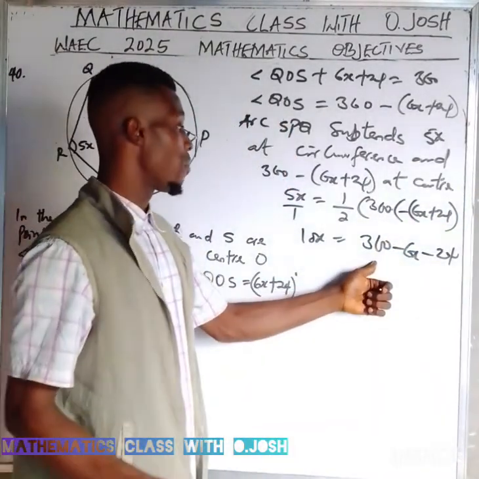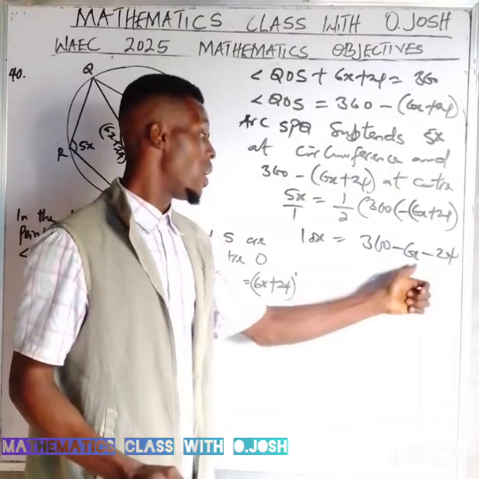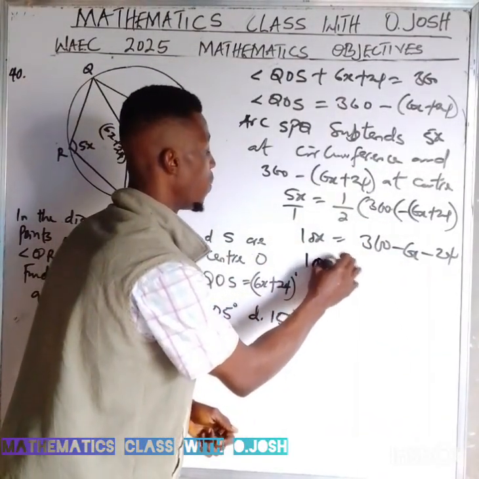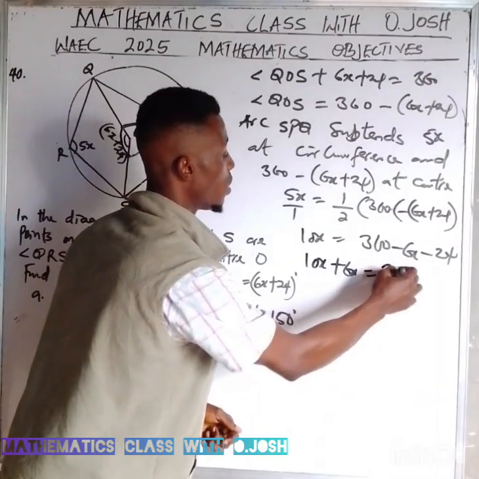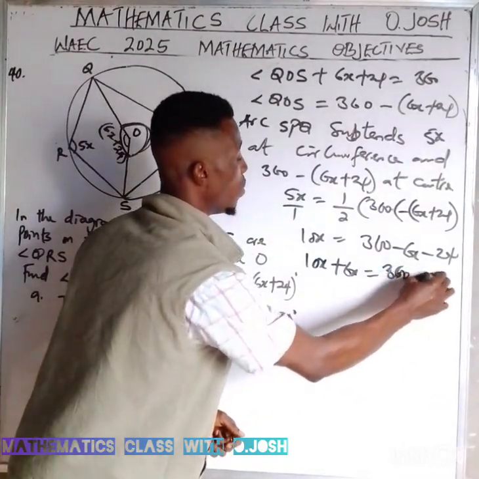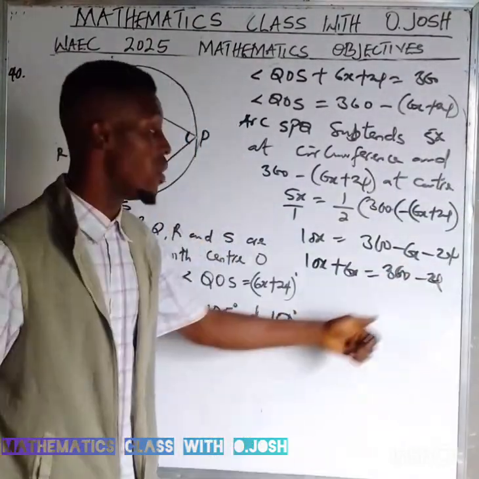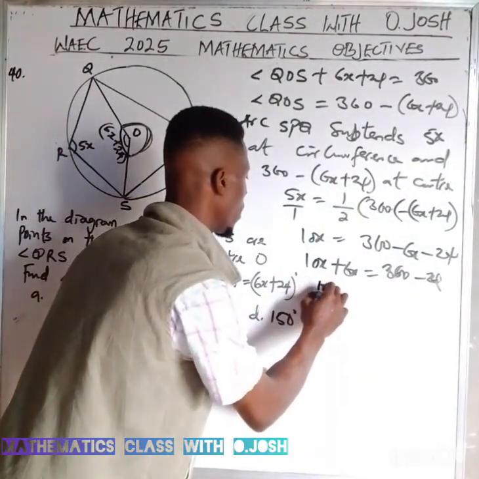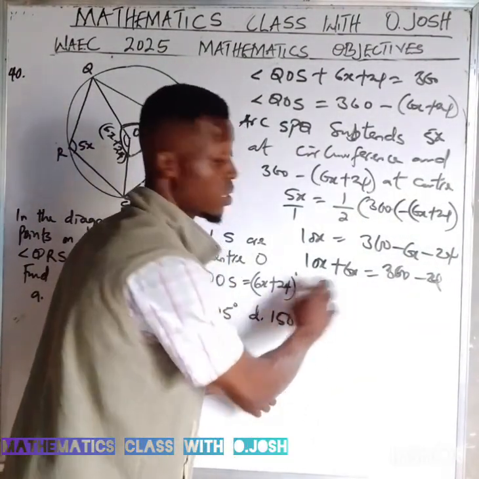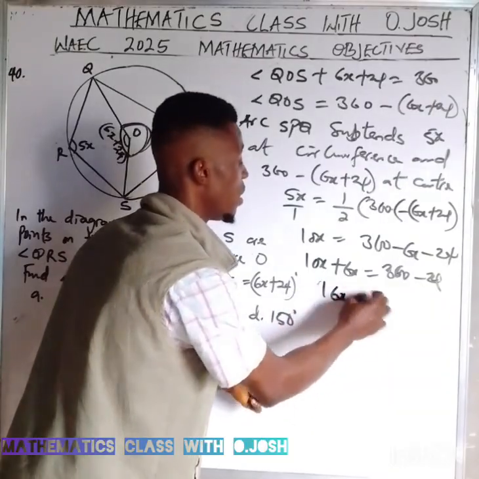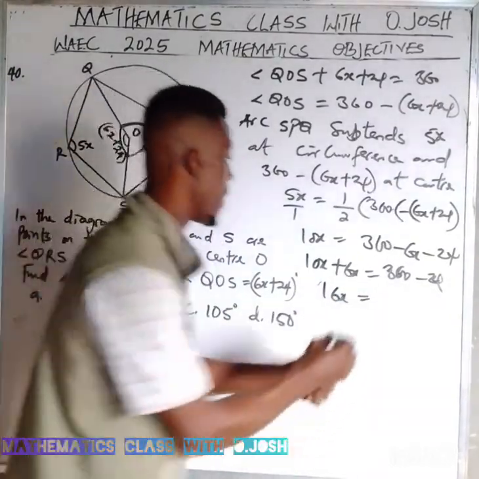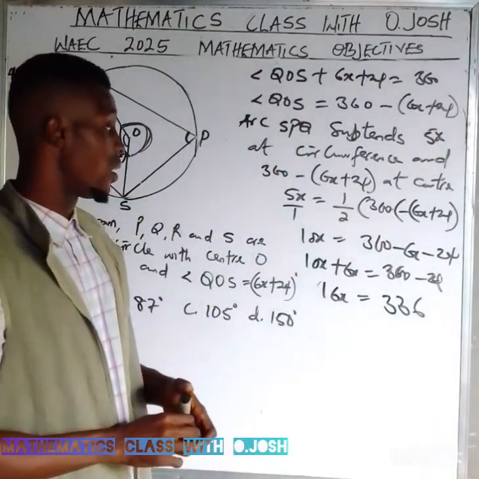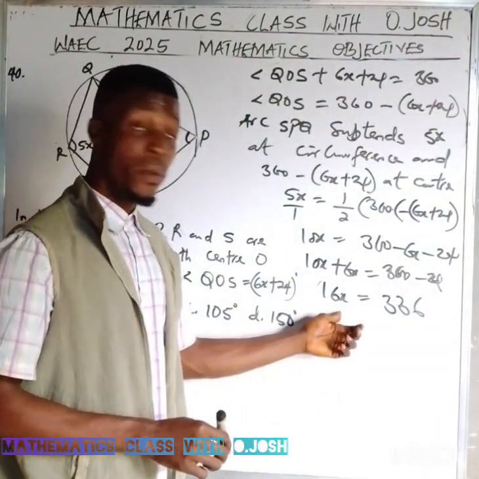So 360 minus 24, and this minus 6x coming over here, then we're going to have 10x plus 6x is equal to 360 minus 24. And 360 minus 24 should give us 336. So 10x plus 6x, that's 16x, is equal to 336.